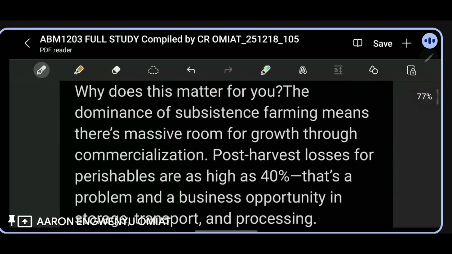So as agribusiness entrepreneurs, whenever we see challenges, we see opportunities. For example, the majority of Ugandan farmers are subsistent. That gives us the opportunity for commercialization. Imagine if, over a period of 10 years, you make 50% of farmers commercial.